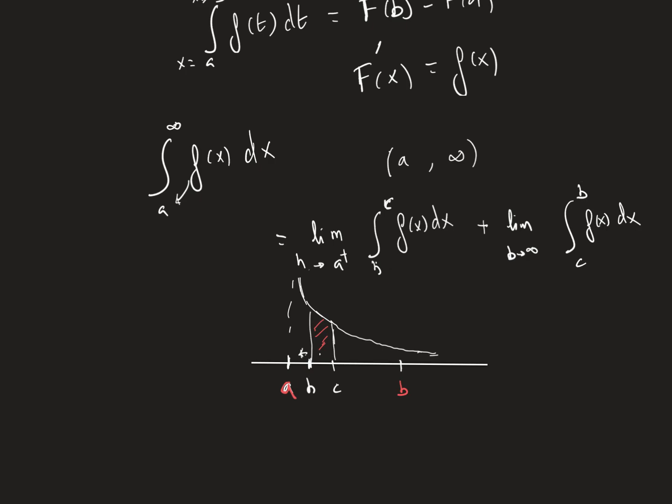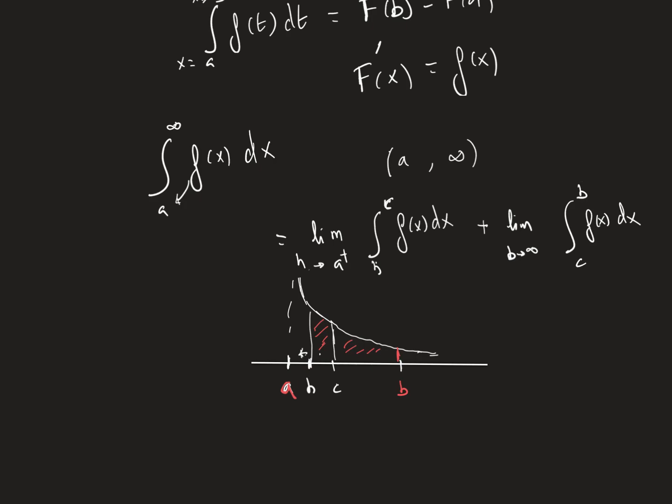Then, with c an intermediate point, we will do the integral from c to v, and once we have this area, we will take the limit when v tends to infinity. In this way, we will do the integral from a to infinity for the cases when the function is not defined at the point a, and also is not continuous on the closed interval.